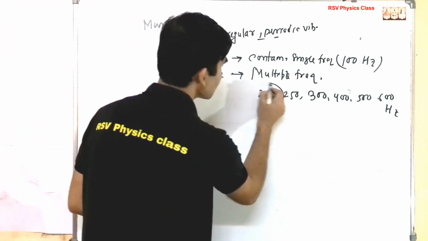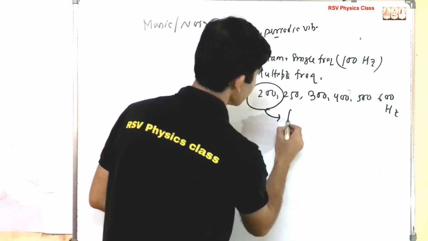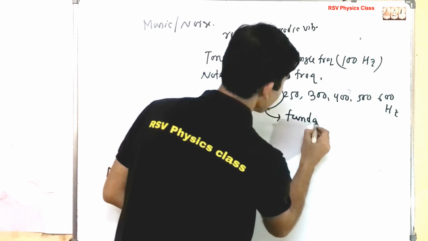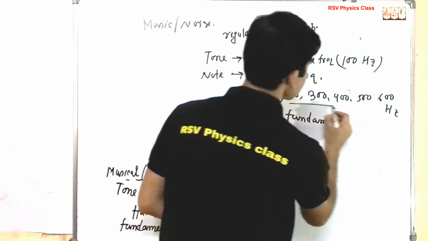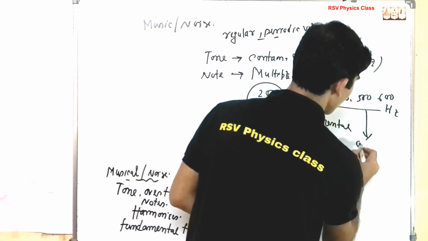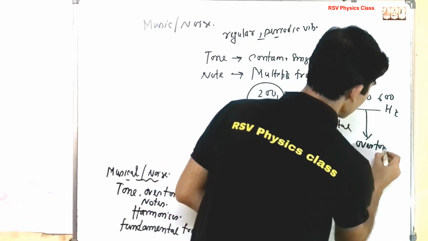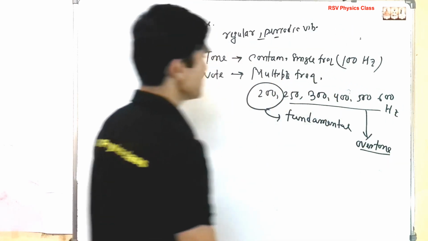The lowest frequency is called the fundamental frequency, and the rest of the frequencies are called overtones.